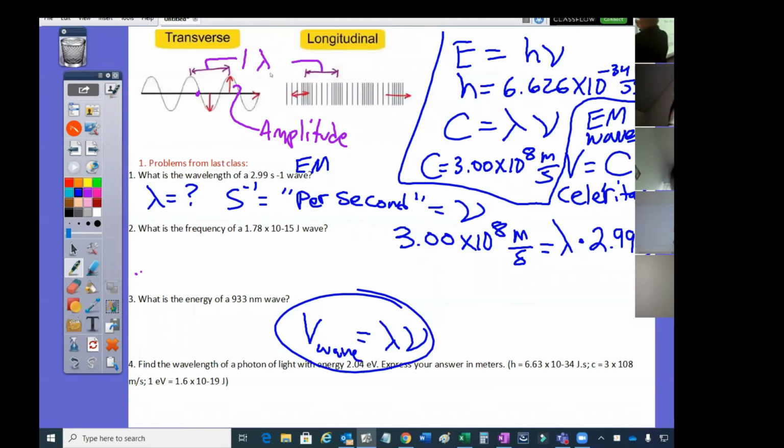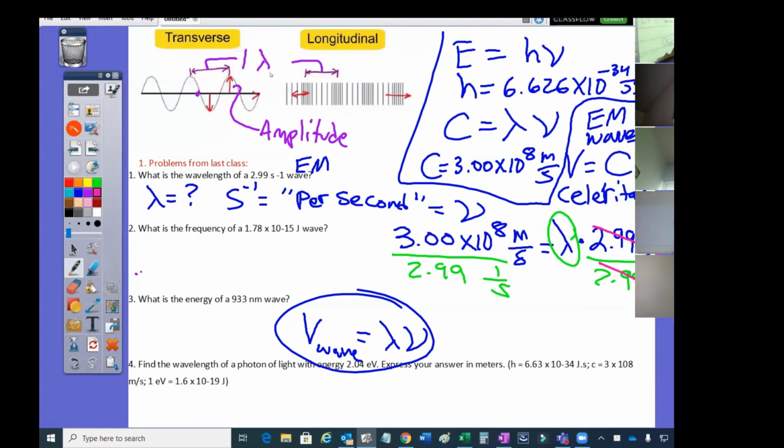This is a basic algebra equation. This is algebra 1. We have a variable times a coefficient, and they want to know what the variable is. So we will divide both sides by the coefficient. And look what happens. Of course, the coefficient cancels out. That's why we did that.